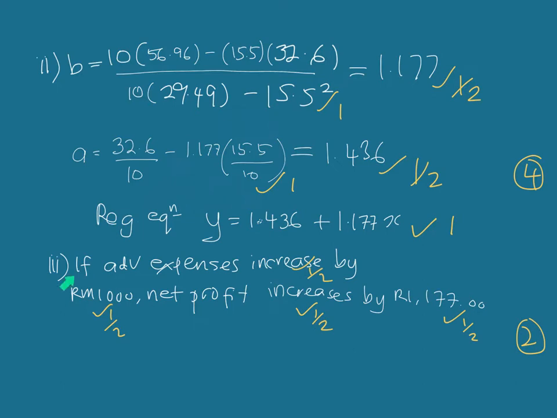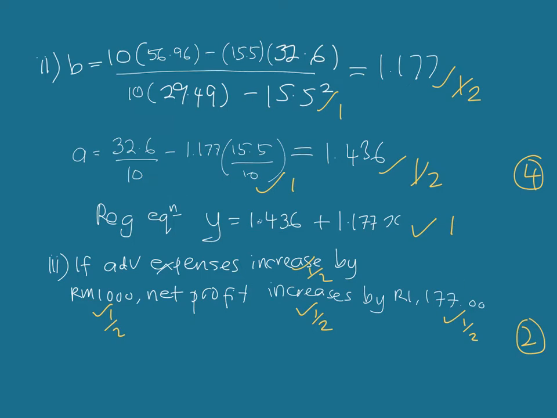Now we go to part 3, interpret the value of B obtained. We have to interpret the value of the slope of the regression equation, which is 1.177. If the advertising expenses increase by one ringgit, then the net profit increases by 1.177.